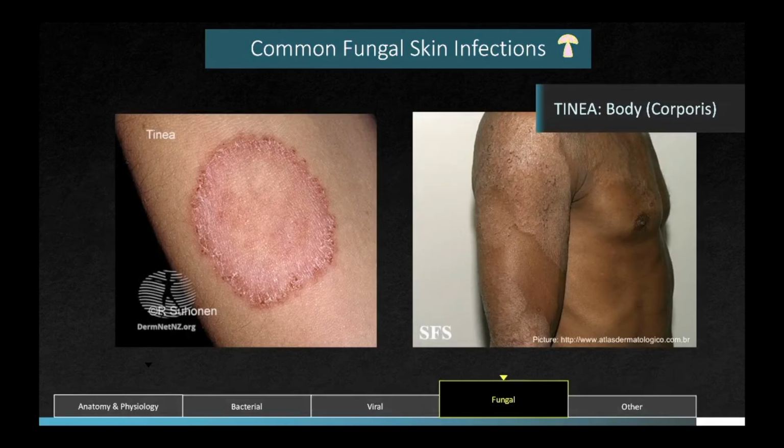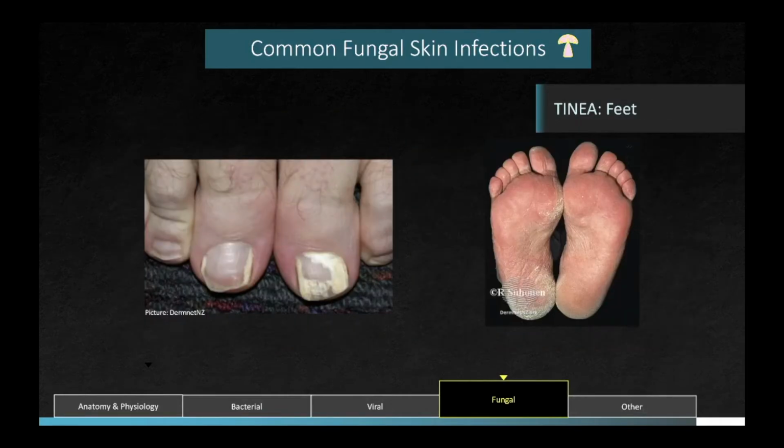In some cases, tinea corporis can involve a significant percentage of the body surface. As you'll see from the following pictures, tinea infections can also involve other areas of the body. For example, the image on the left shows a tinea infection of the toenail, while the image on the right shows a typical fungal infection on the soles of the feet, referred to as tinea pedis.